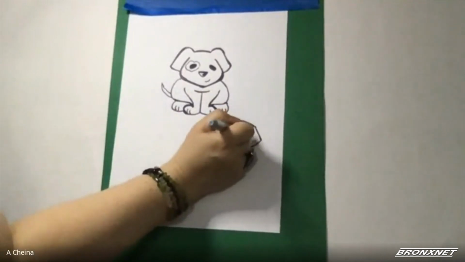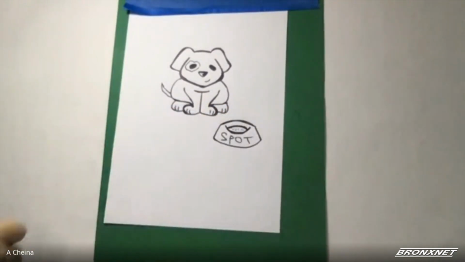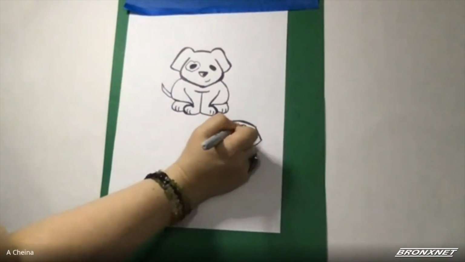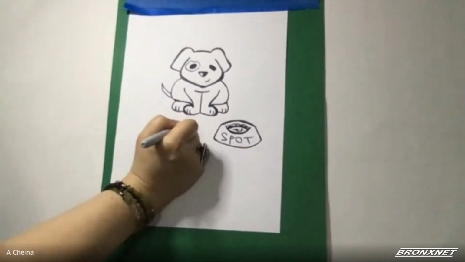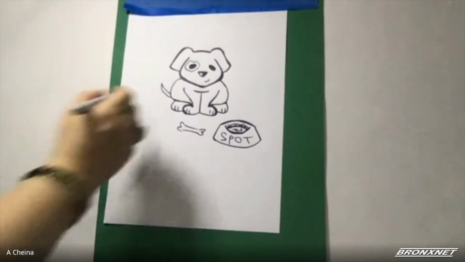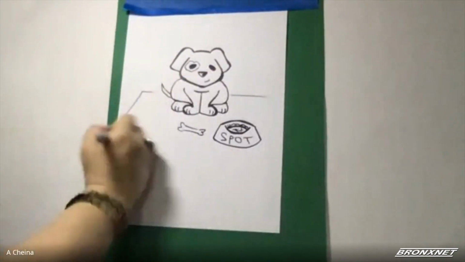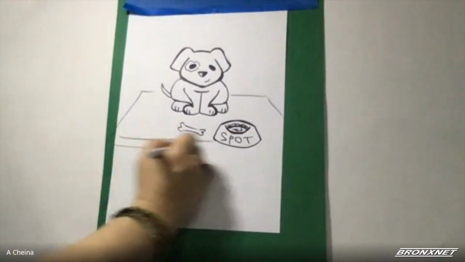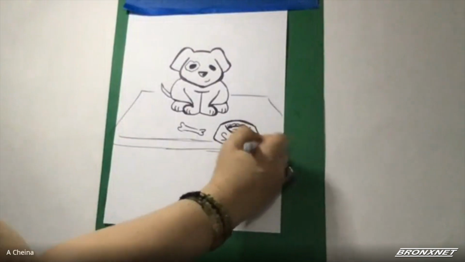You can put whatever you want to put in here. It's got a little bone, chewy. He's sitting on his mat.